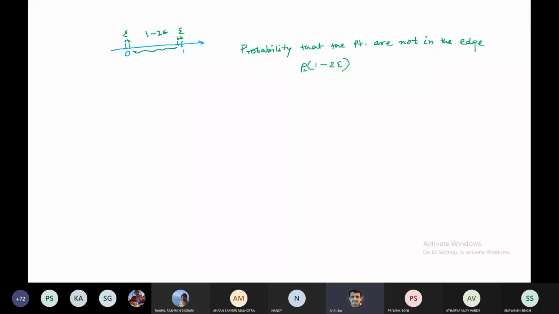Or better to say, P is the probability that the point is not in the edge in one dimensional space. Now let's say we have to take a d-dimensional space.